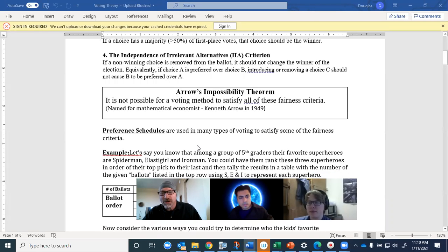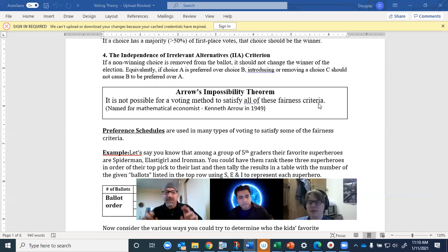And here's the primary reason. I want you to read this part. In Arrow's impossibility theorem, Kenneth Arrow, a mathematical politician, showed that it is not possible for any voting method to satisfy all of these fairness criteria. That means no matter what, all the voting methods we're going to look at, all of them have some flaw. Every voting method has a flaw.